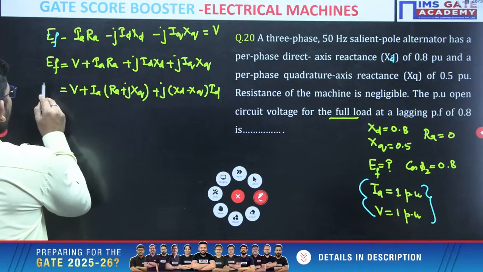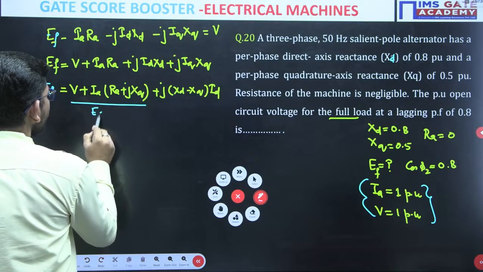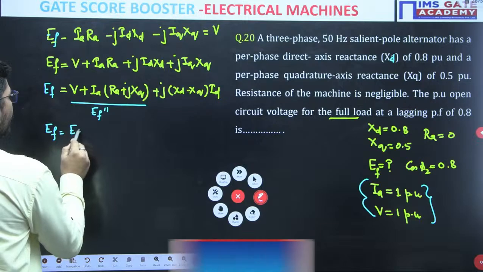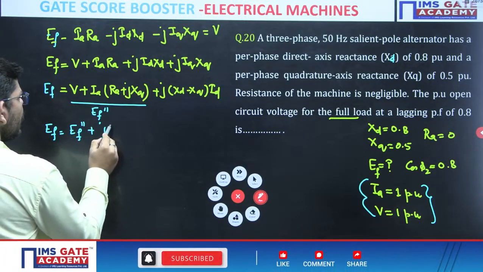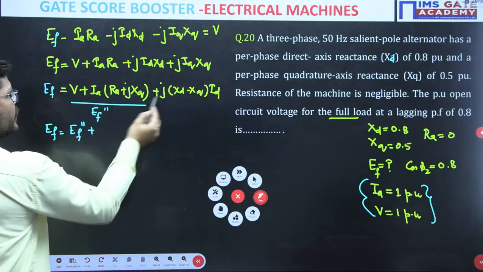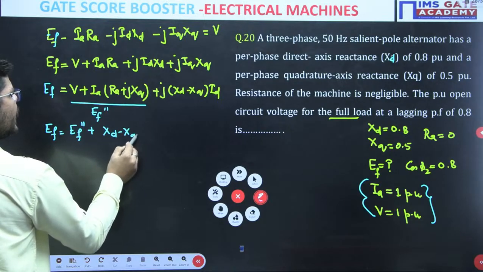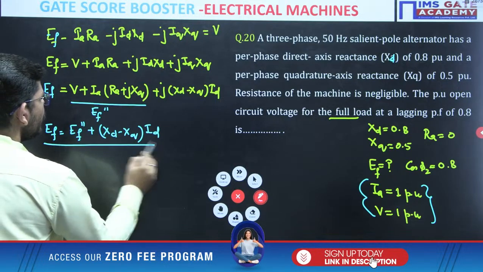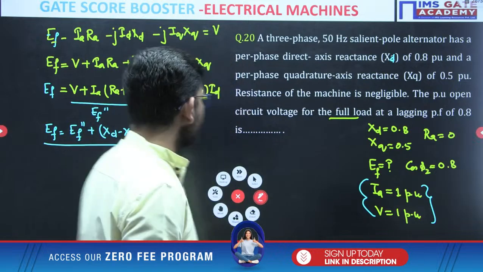Now if we write this part as EF double dash, our equation will be EF equals EF double dash plus J (XD minus XQ) ID. When you have done this calculation, you can simply add this drop, because when you draw the phasor diagram, you will find that they are in phase. Okay, this is how you can calculate it.